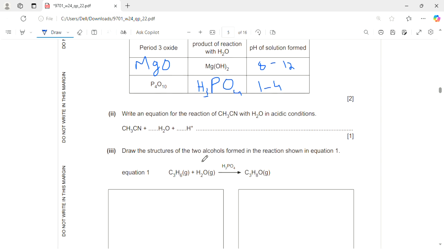But what about this? Write the equation for the reaction of the CH3CN with H2O in the acidic conditions. So what is the product? It's a cyanide and with the water, so it must be a carboxylic acid, CH3COOH means a carboxylic acid.